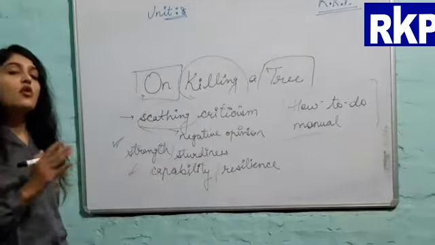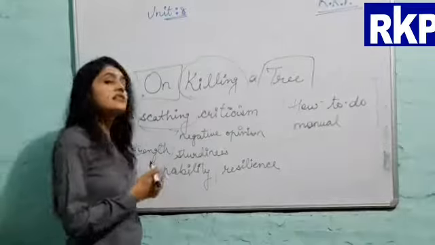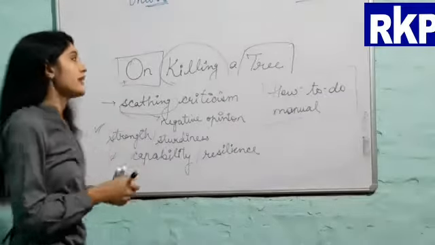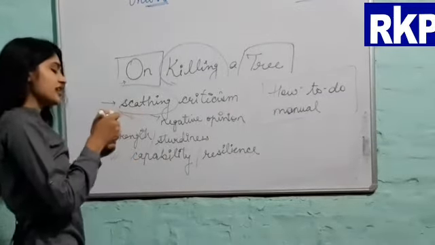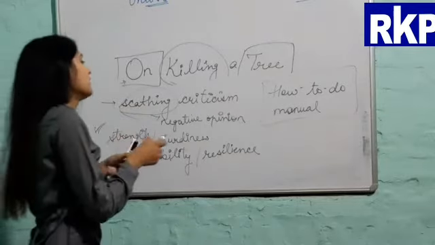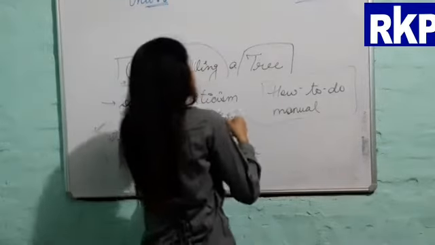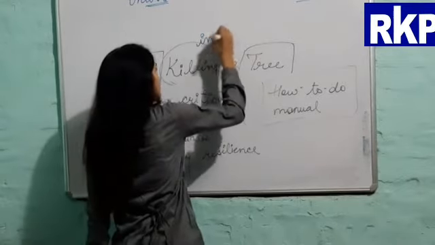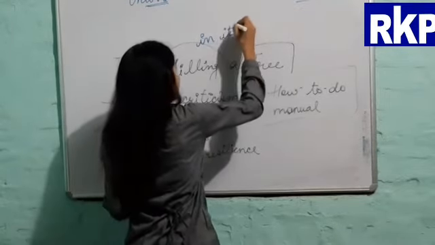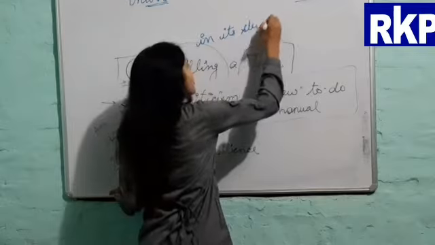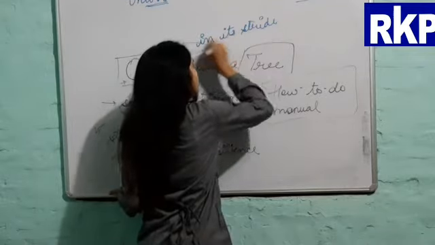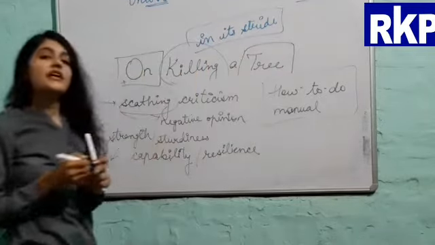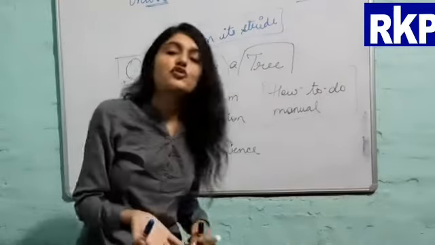So we get to see all these points in our theme. The other thing that we get to see is that the tree is bearing everything that is coming in its stride, without discriminating, without vouching for justice.